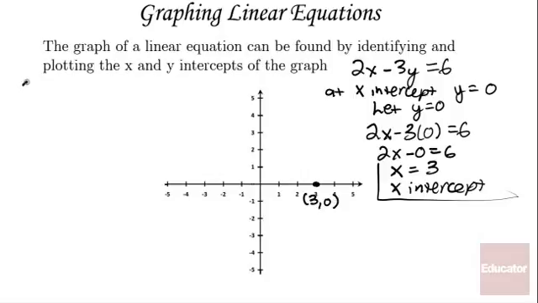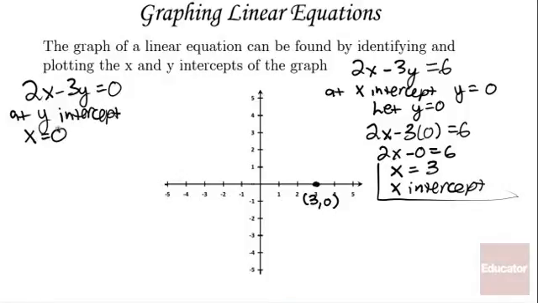Doing the same thing with the y-intercept with the same equation, 2x minus 3y equals 6. At the y-intercept, x is going to equal 0.